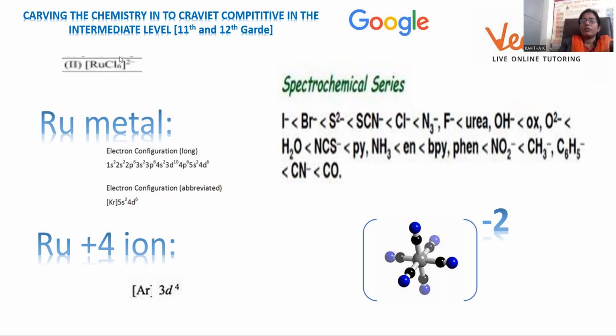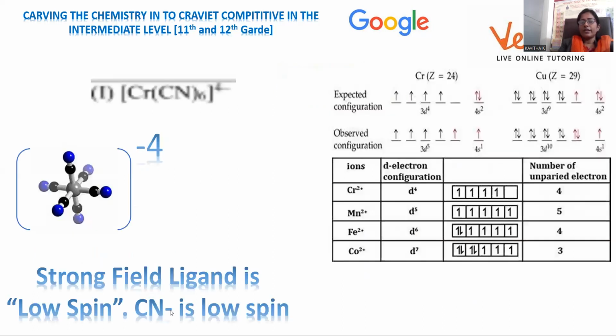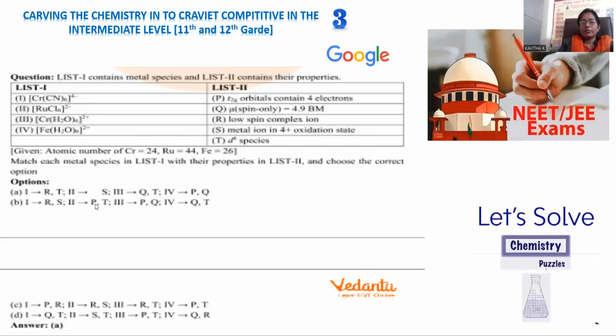So oppositely, the central metal will accompany 4 positive charges. So ruthenium plus 4 will be the oxidation state of the central metal, right? So this is perfectly correct. For the second question, S will be the correct representation.